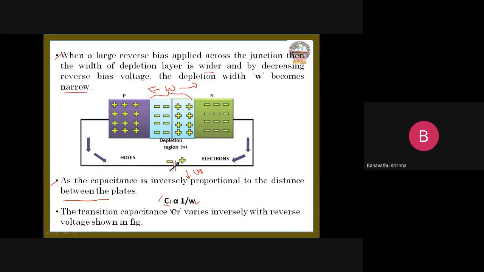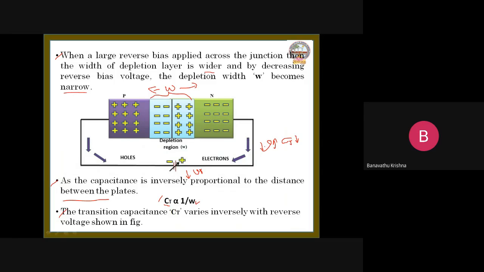The second point: the transition capacitance CT varies inversely with respect to the voltage also. Suppose the voltage is increasing, then the transition capacitance decreases. How does it decrease when we increase this voltage?